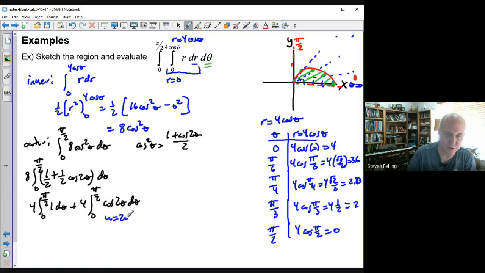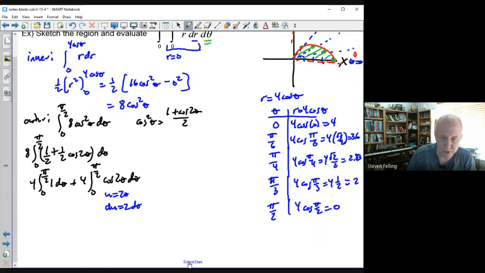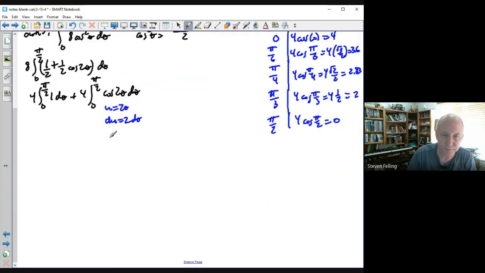U is 2 theta, so du is 2 d theta. And so this integral here could be rewritten as the integral of cosine of u, and then the d theta would be 1/2 du. I'm going to move the 1/2 out there. And then I have new limits of integration.